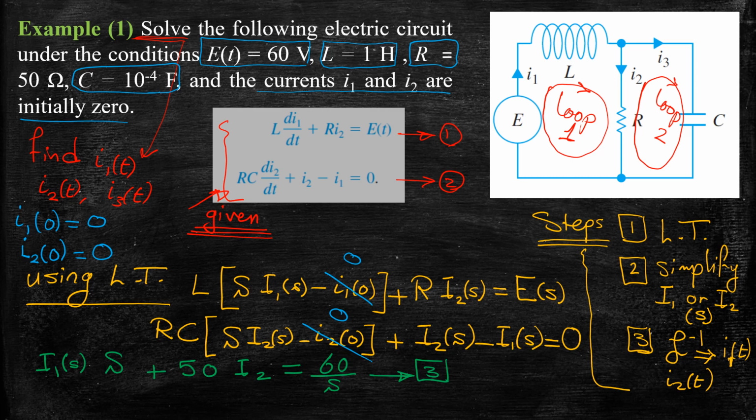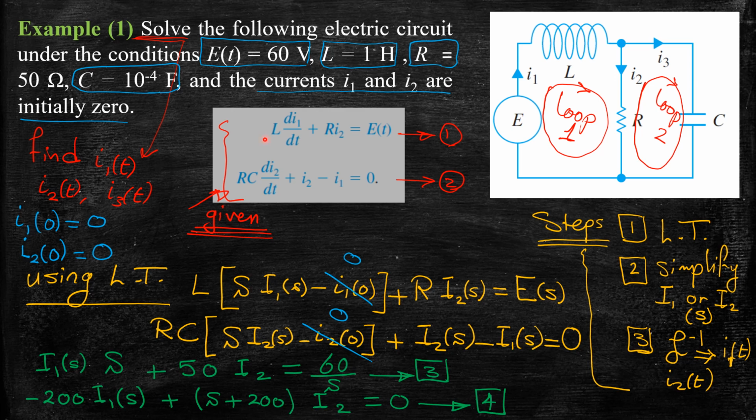The second equation, which has this RC, will have minus 200 I1 of s, and the I2 term will have two terms, so it will have s plus 200 multiplied by I2, and all this equals 0. This is our equation number 4.